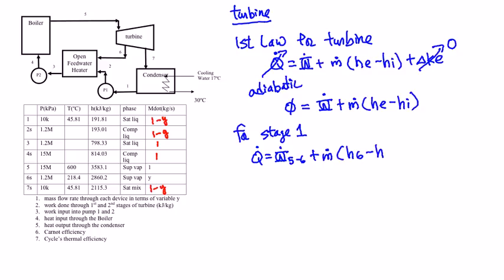Sorry, we say Q is equal to 0, right? So 0, H5. Rewrite, swapping H5 and H6.